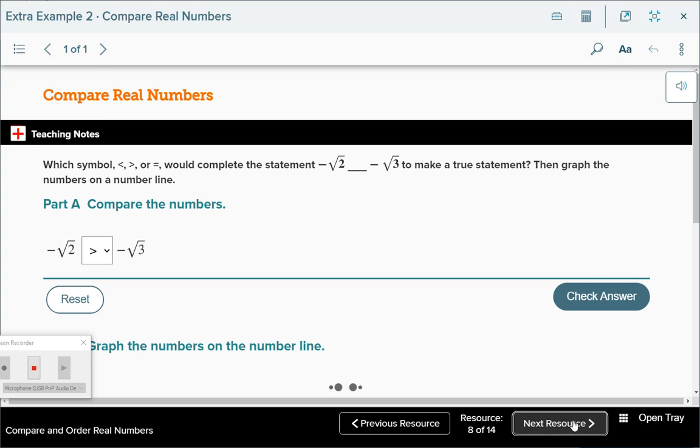First thing I need to know: if I find the estimate of the square root of 2, it's between 1 and 4, right? Yes. Okay. This is going to be between 1 and 4 also. But which one of these is going to be closer to 0? The negative square root of 2. Okay.